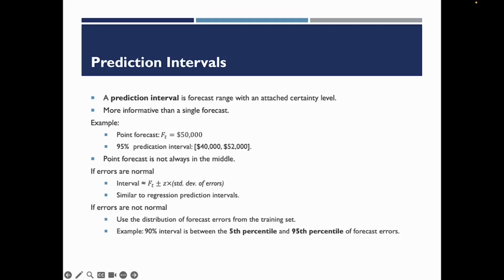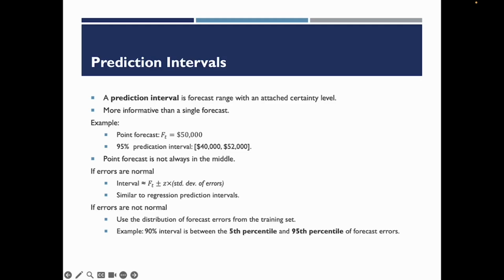But if we say that the 95% prediction interval is between 40,000 and 52,000, then in simple terms, we can say we are 95% certain that the actual value will fall within this range. Again, that's not the statistical term of being 95% certain.